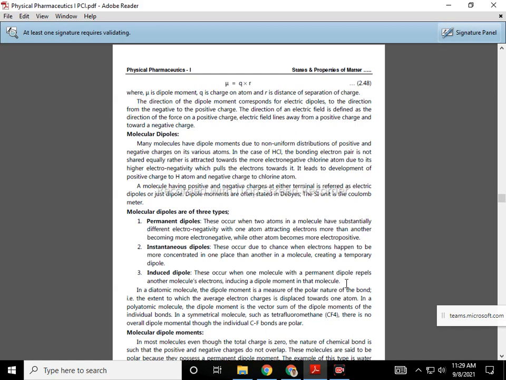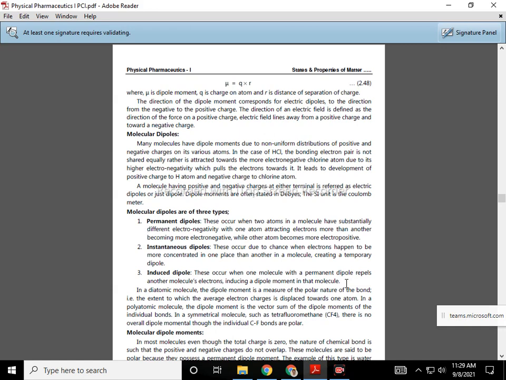Proper correlation, so that induced dipole is this phenomenon. So I hope you got the clear understanding now of permanent dipole, instantaneous dipole and induced dipole. And all these are associated with the dipole moment.